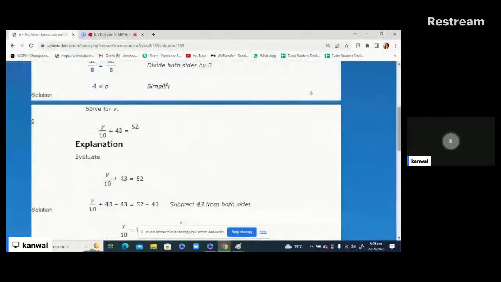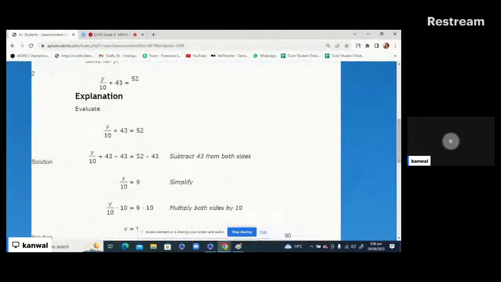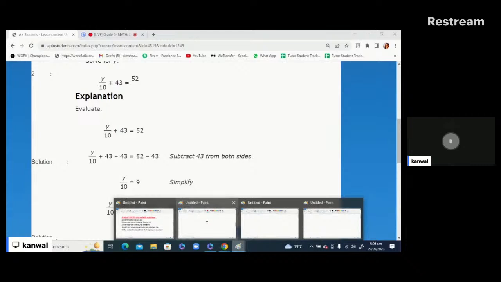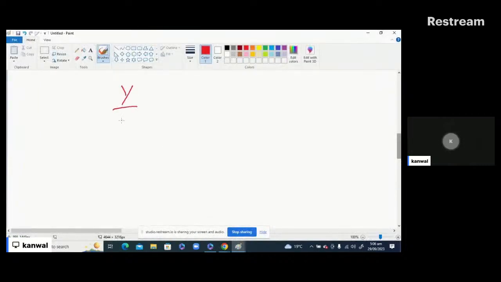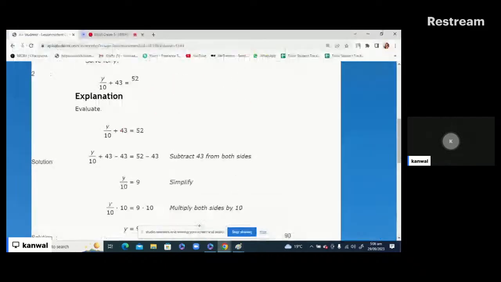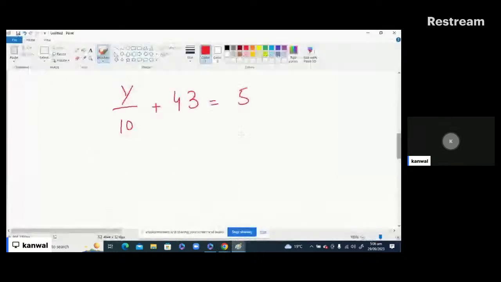Now let's solve one more question. y by 10 plus 43, that is equals to 52. So what's the first step that we will take?